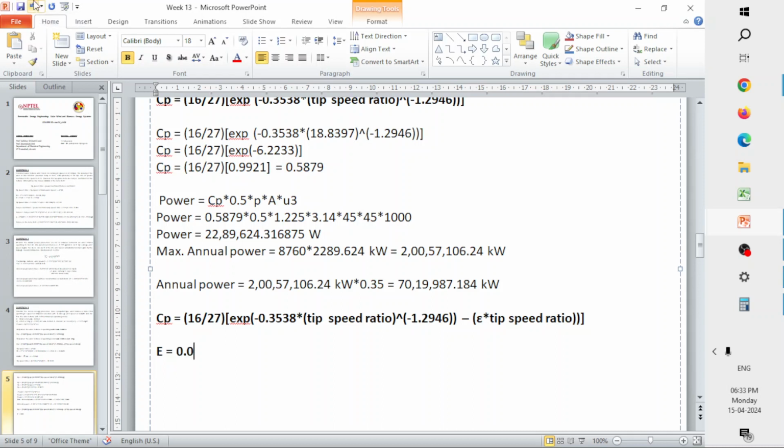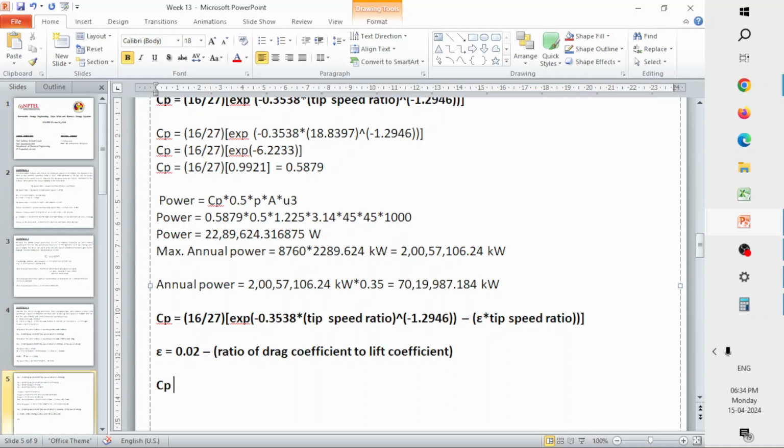Epsilon is nothing but the ratio of drag coefficient to lift coefficient. So keep this in mind, because we need to know what each variable actually signifies.